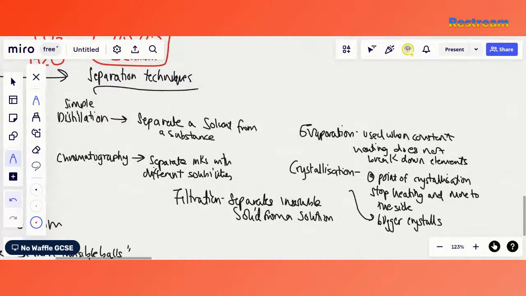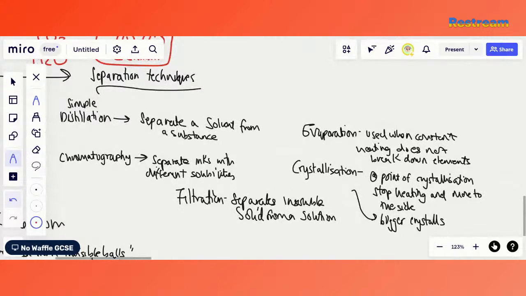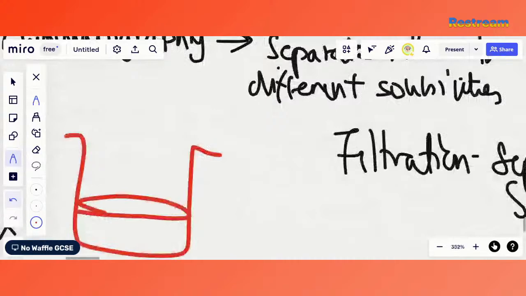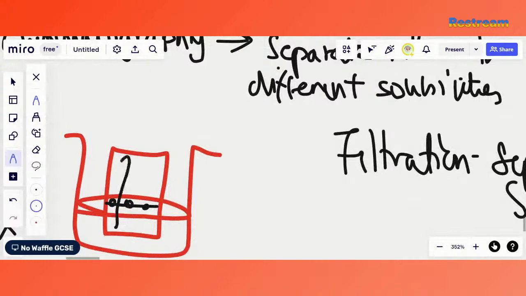Chromatography. This is the technique of separating different dyes in an ink with different solubilities. So you have your beaker, and you have your water in the beaker. You put your chromatography paper in there, you draw the pencil line just above the water, and then you put the spot of inks on there.